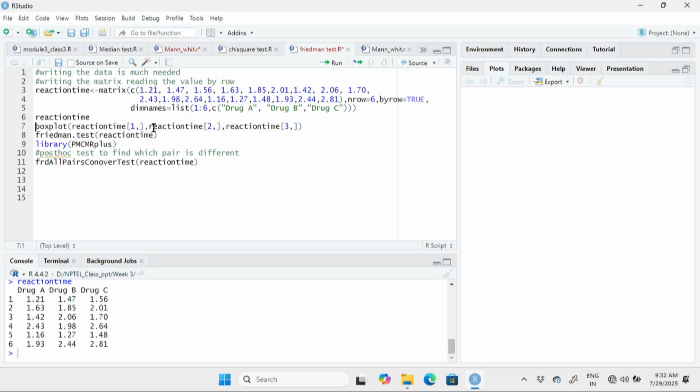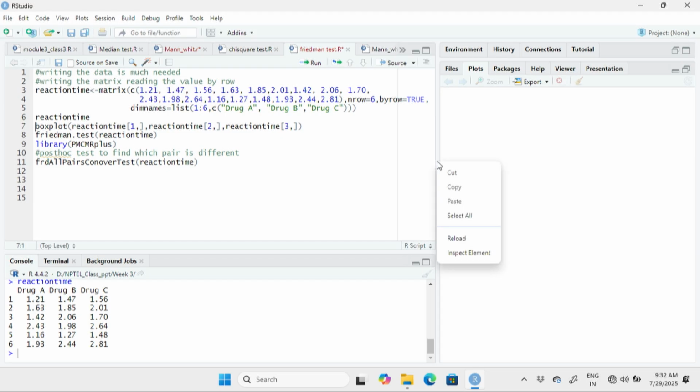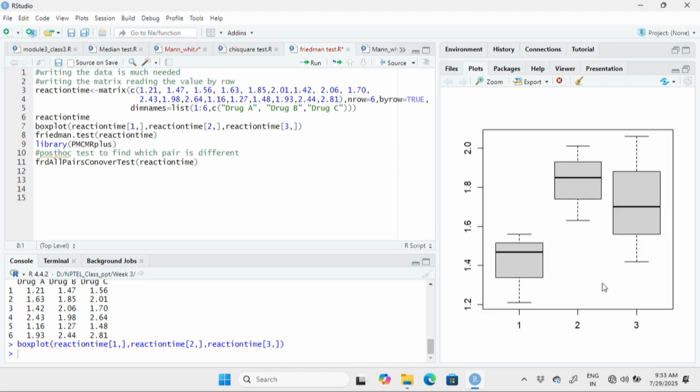Now, just for your interest, you can have a rough check about how the medians of these 3 drugs differ by plotting the box plot. Okay, so let us do the box plot. What is your visual interpretation?